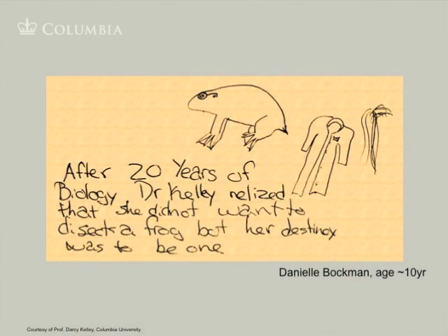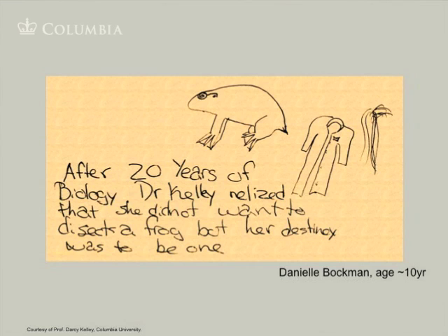I put this slide up. It's actually a drawing that my daughter made when she was about 10 years old. And it brings up a point I think is very important, which is that even though you're using a model organism and you're studying questions of general interest, one of the things you always have to be sensitive to is the animal itself. If you have some kind of intuition about the animal, it often will help you in your experimental studies.